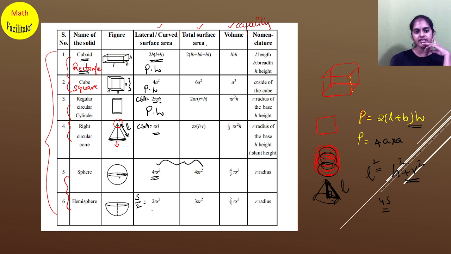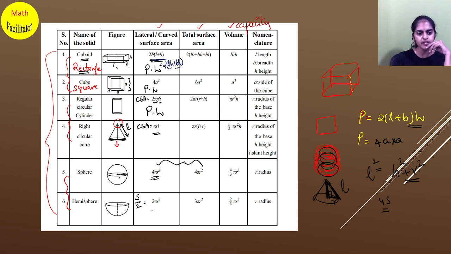Now for total surface area, how do you get the total surface area? See here, for the lateral surface area, to this lateral surface area only, you just add the other surface. Okay, so what are the other two surfaces? Top and bottom you are adding, right? So let me write this as 2 into LH plus BH, 2 into LH plus BH.